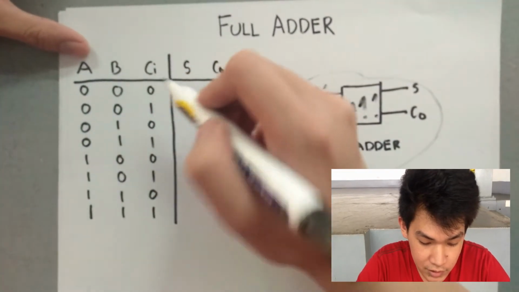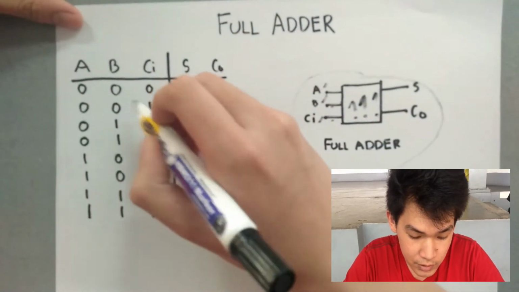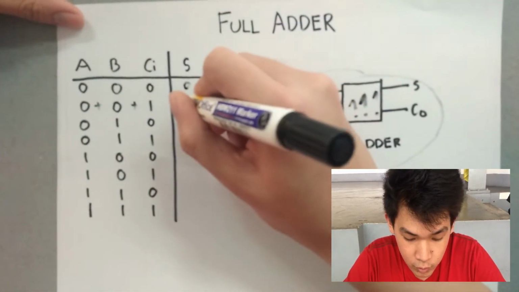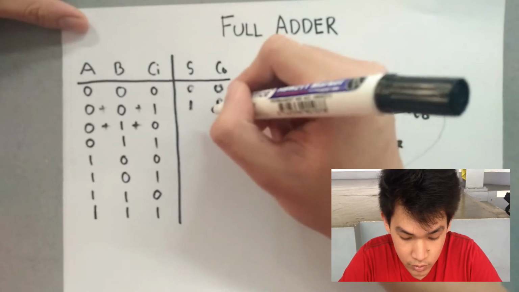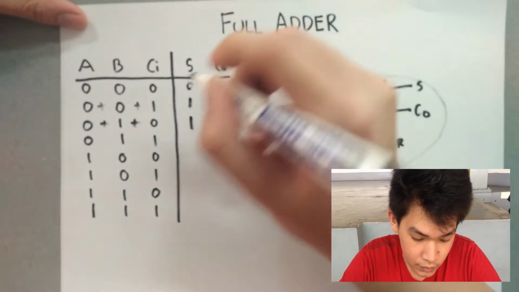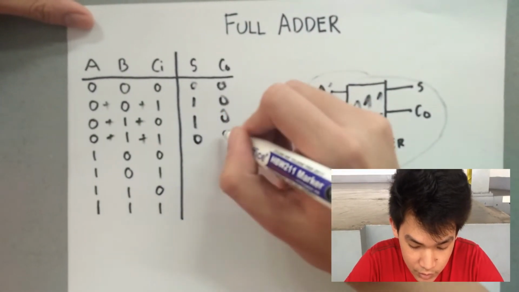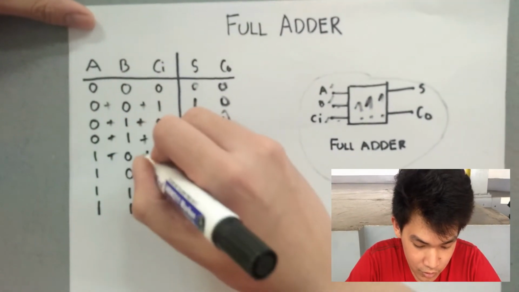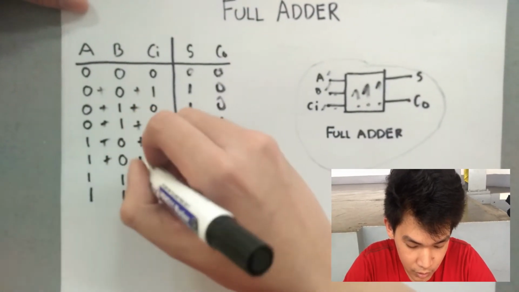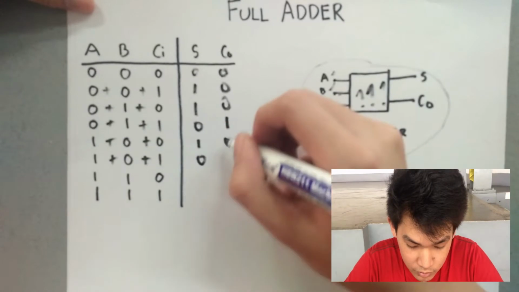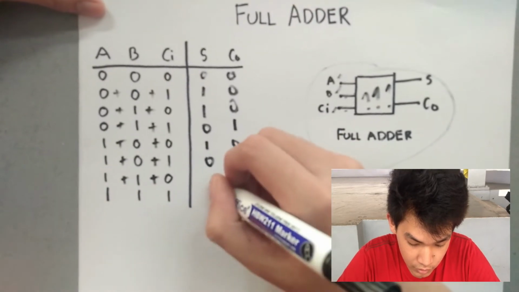Now, 0 plus 0 plus 0 is equal to 0, carry 0. 0 plus 0 plus 1 is sum 1, carry 0. 0 plus 1 plus 0 is equal to 1, carry 0. 0 plus 1 plus 1 is sum 0 but carry 1. 1 plus 0 plus 0 is 1, carry 0. 1 plus 0 plus 1 is sum 0, carry 1. 1 plus 1 plus 0 is carry 1, 0 is the sum.